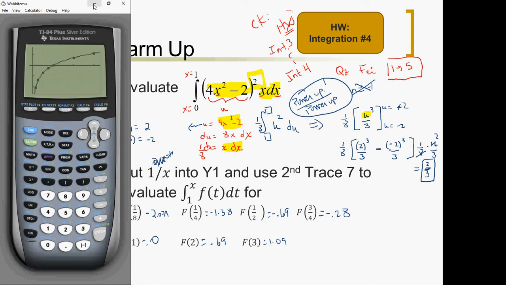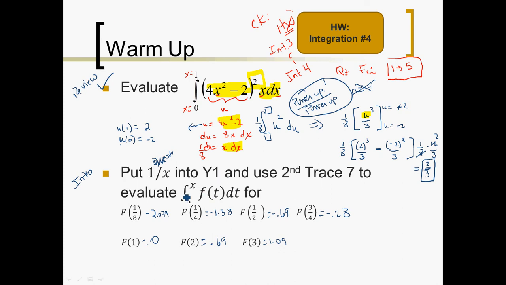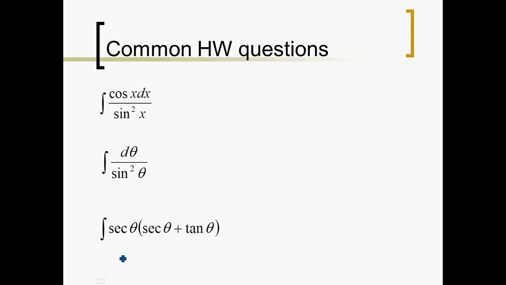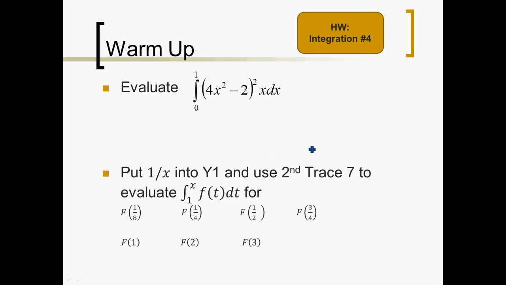Yes, it is true. The antiderivative of 1 over x is naturally ln of x. What? Now, before we write this down, this is kind of freaking crazy.